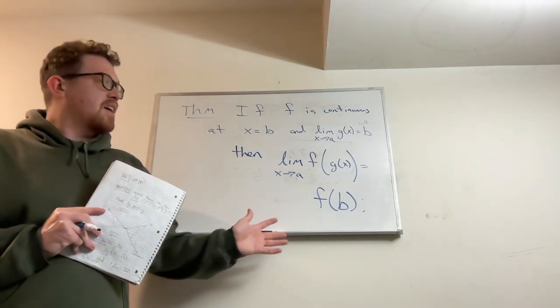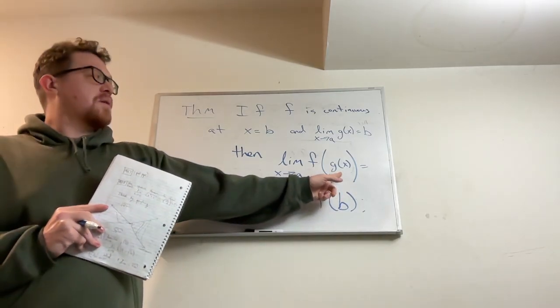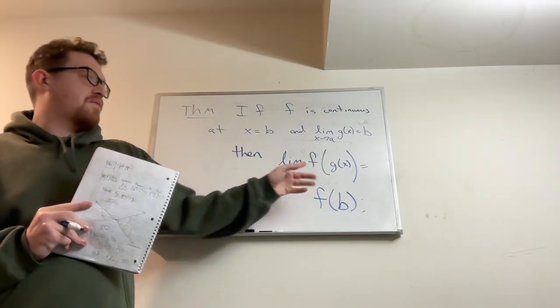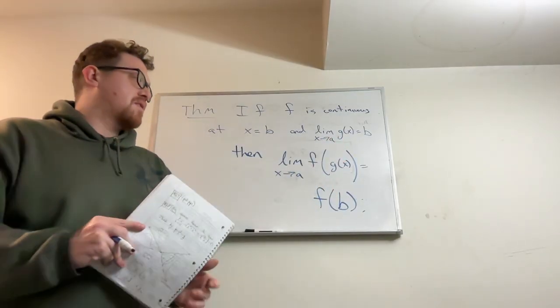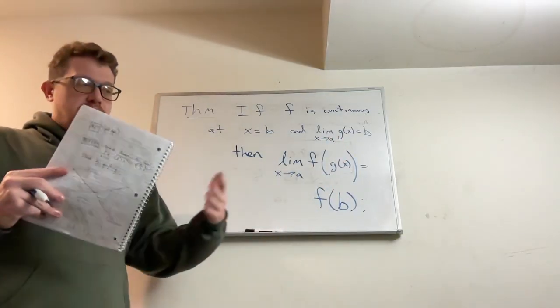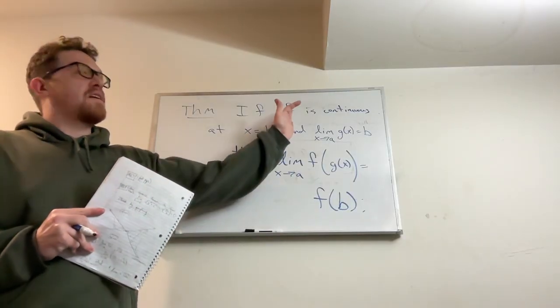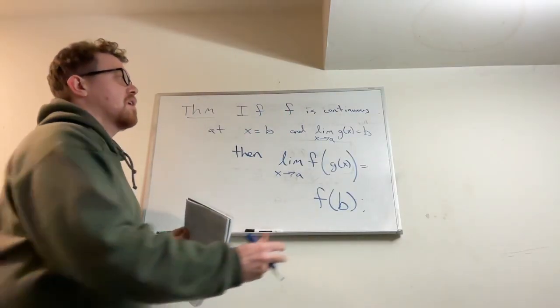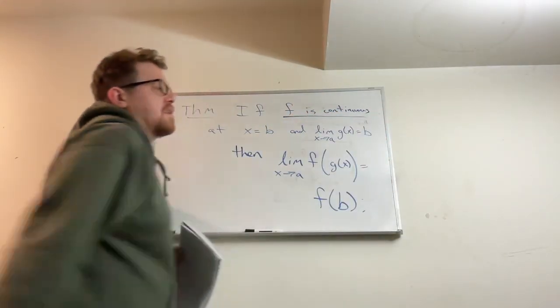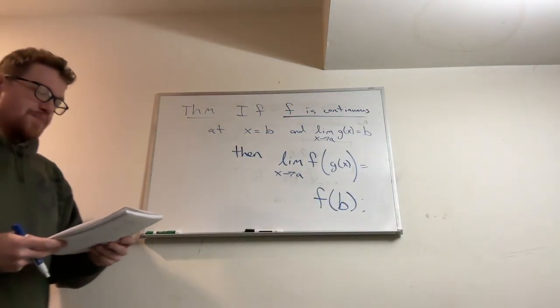You can think of it like that. This thing on the inside is approaching B, f is continuous, therefore I can sort of just plug that value into f and everything works out nicely. But this is not necessarily true unless f is continuous. So you really need f to be continuous to have this.